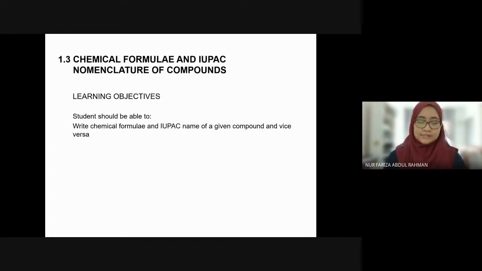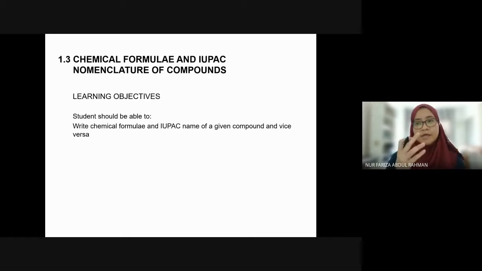Next, let's move on to chemical formula and IUPAC nomenclature of compounds. Just now we have learned how to represent the atom of an element.